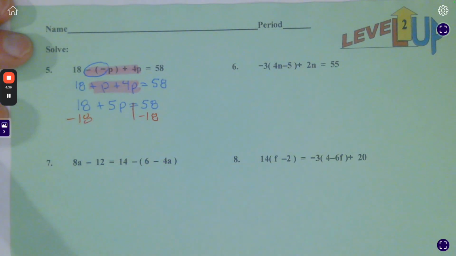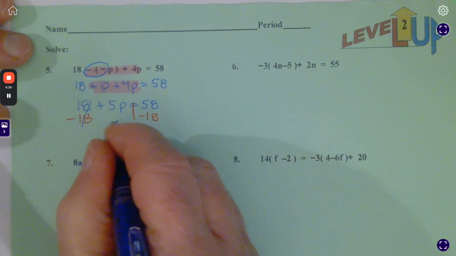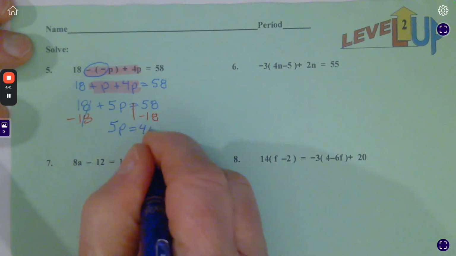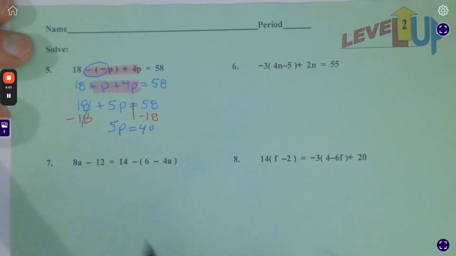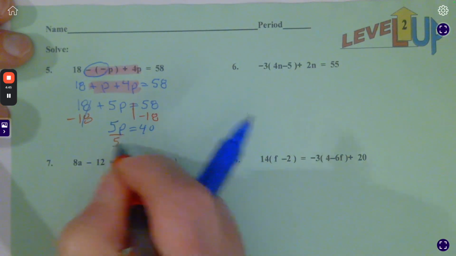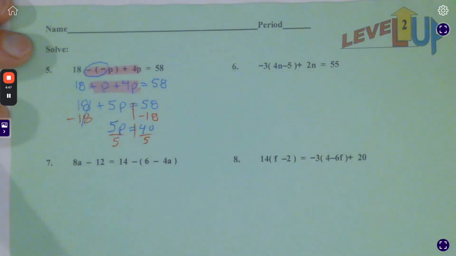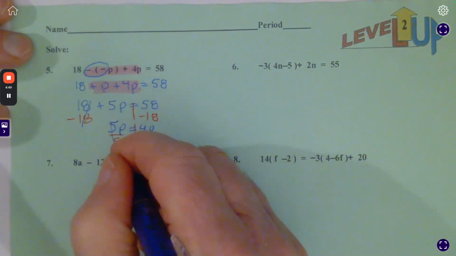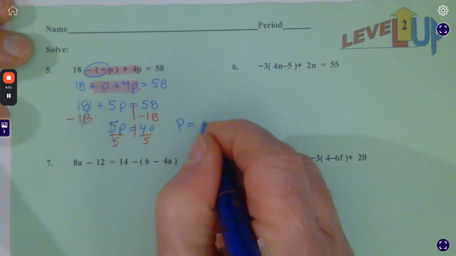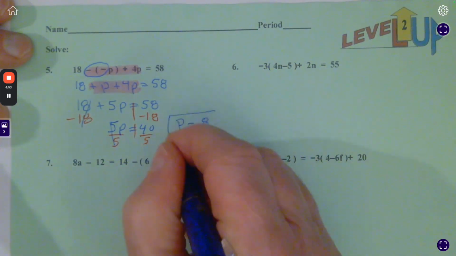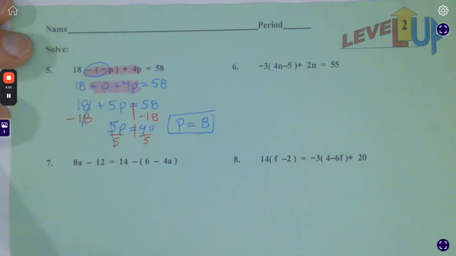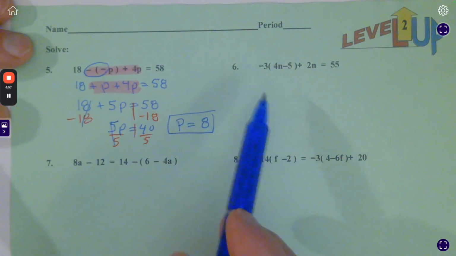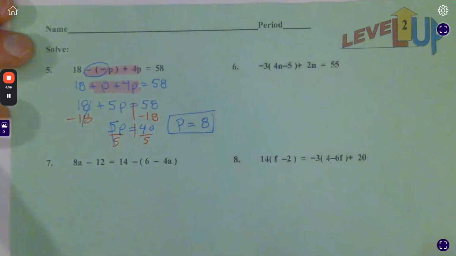Simplify. So this goes to 0. 5p equals 40. Inverse operation for multiplying by 5 is dividing by 5. And 5 divided by 5 is 1p. 40 divided by 5 is 8. Done.